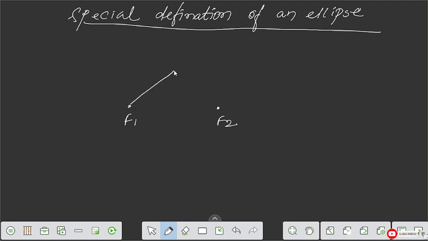So this is the one chord which moves in such a way that the sum of its distances from two fixed points is always equal.